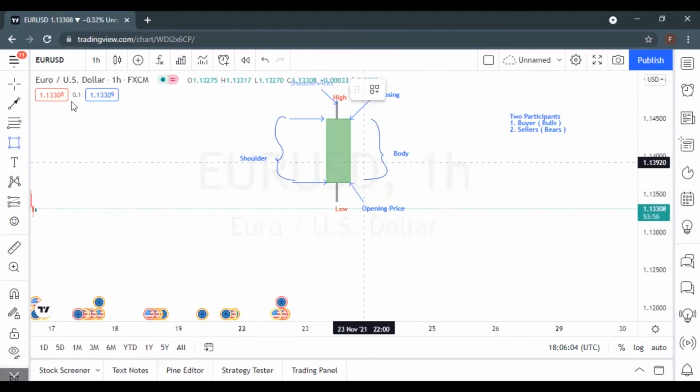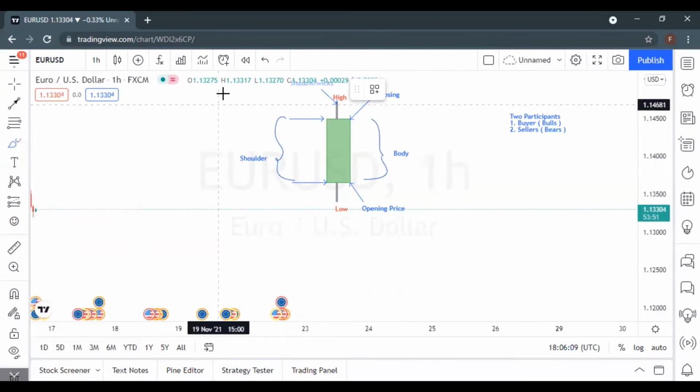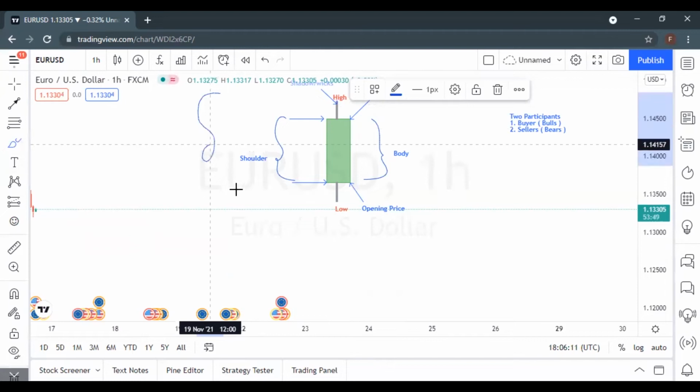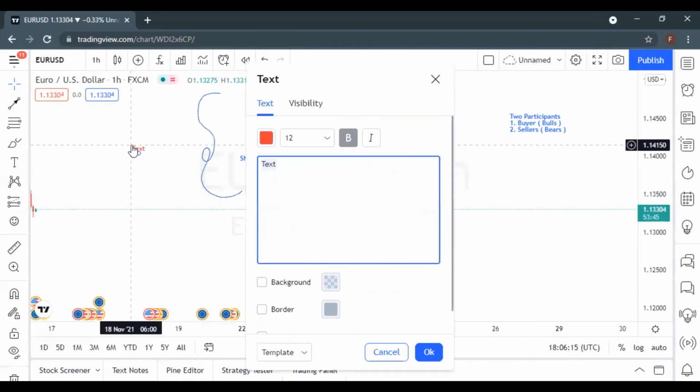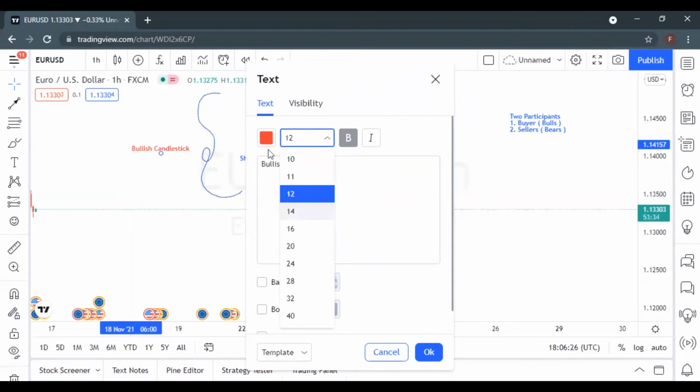Overall, this is for bulls. So it's a bullish candlestick.